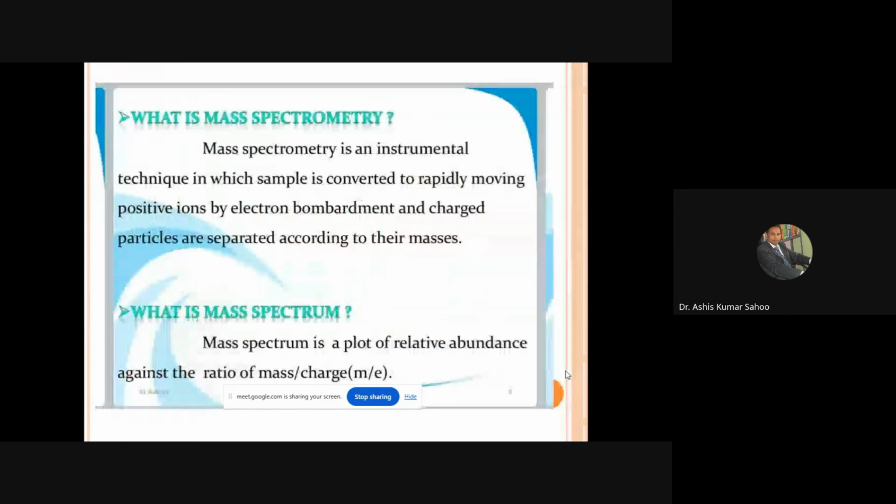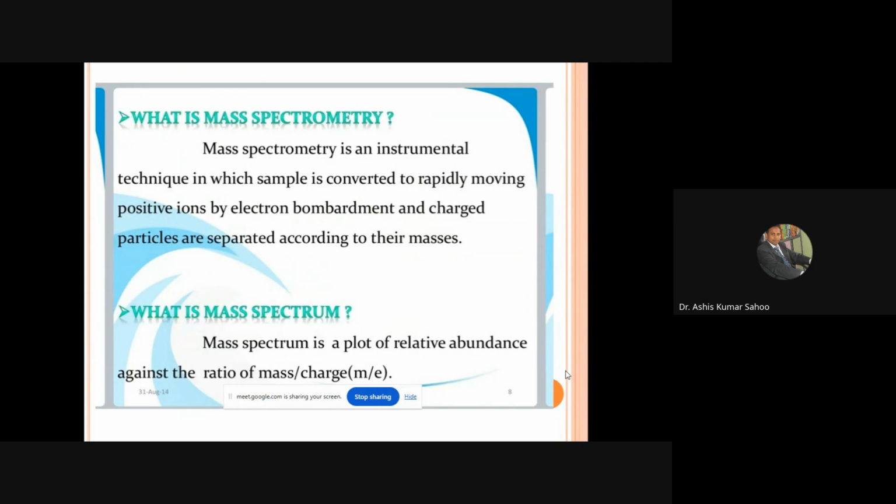What is mass spectroscopy? Mass spectrometry is an instrumental technique in which a sample is converted to rapidly moving positive ions by electron bombardment, and the charged particles are separated according to their masses.